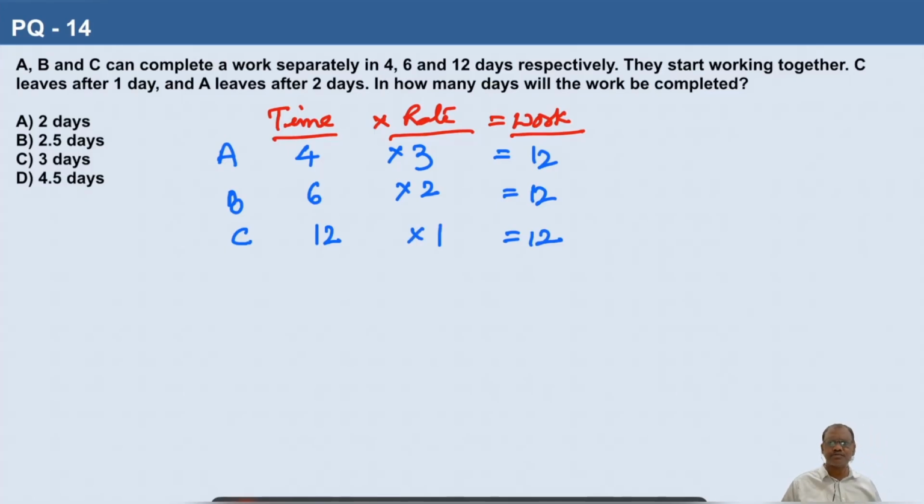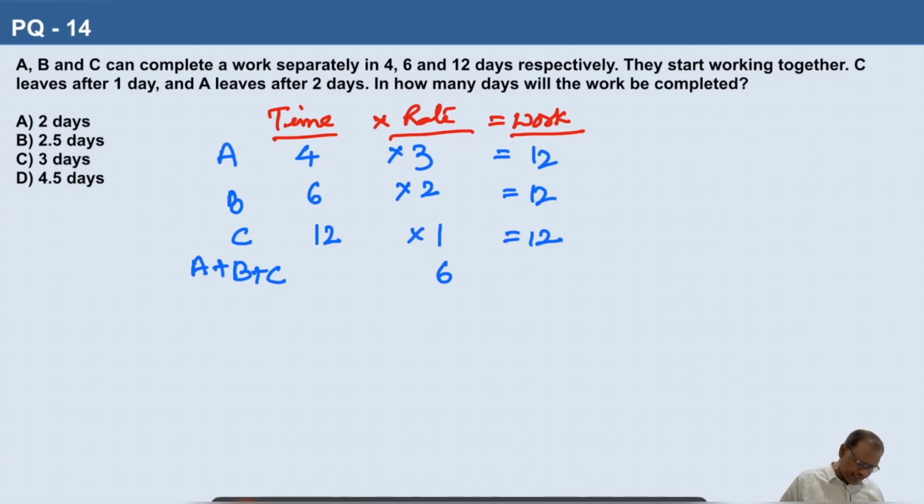And now they start working together. C leaves after 1 day. So that means on the first day all the 3 worked. So how many units they can complete in 1 day? All the 3 can complete 6 units in 1 day.